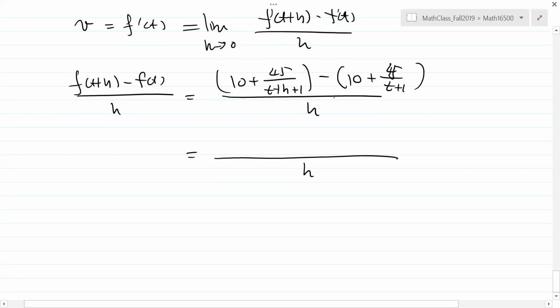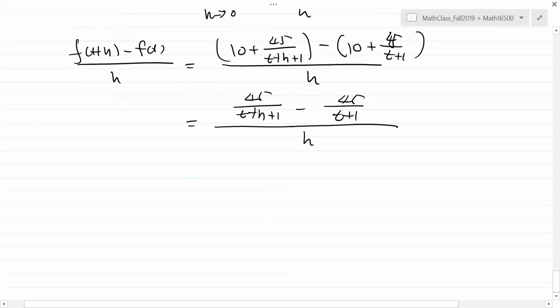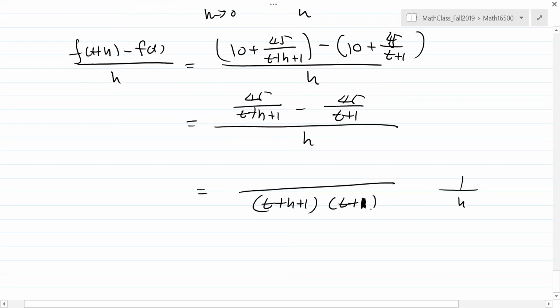All right, so the 10 canceled out. Let's say 45 over (t plus h plus 1). Then you combine the two terms. I can put h on the side, and here's (t plus h plus 1) times (t plus 1), not h.